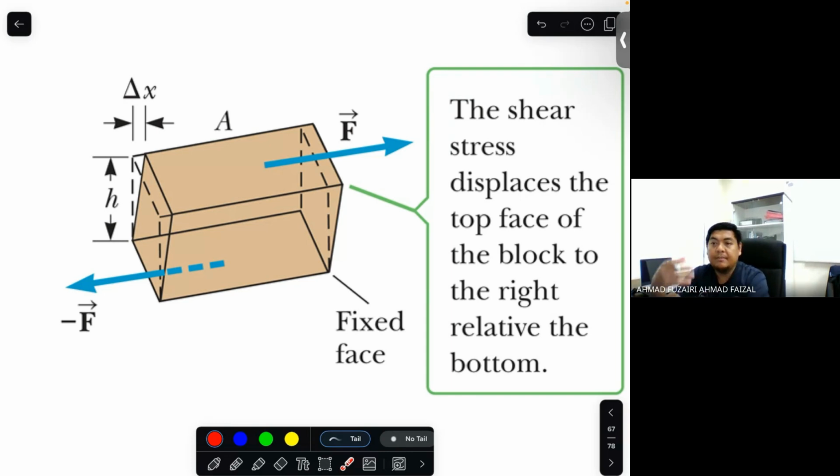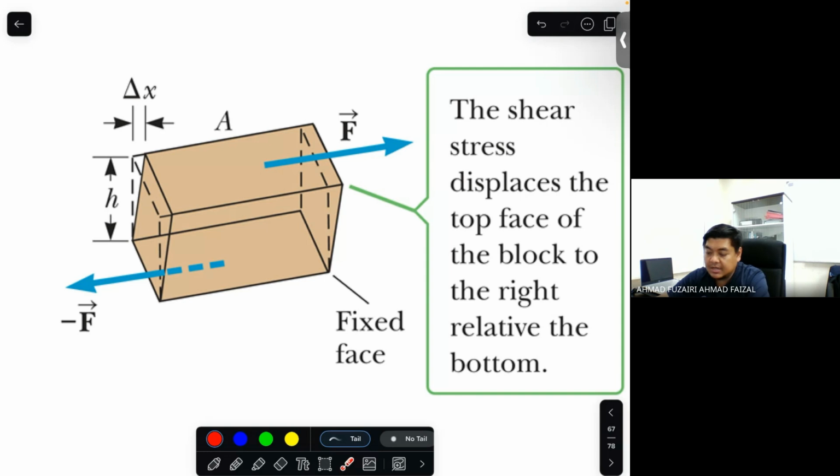But when you talk about shear modulus, it's actually a deformation that occurs to an object from a force parallel to one of its faces while the opposite face is held fixed by a second force, as you can see in the figure on the left.